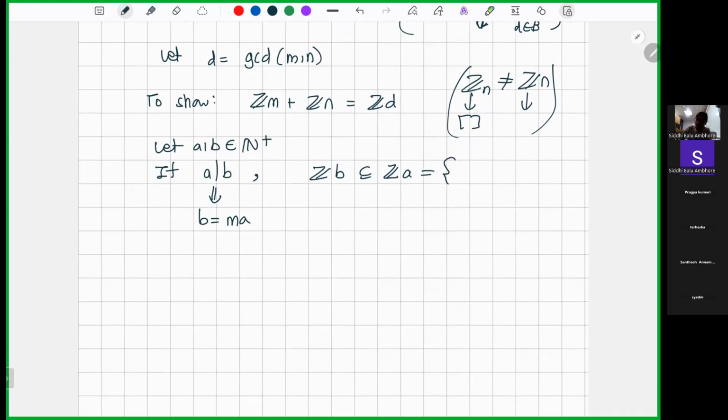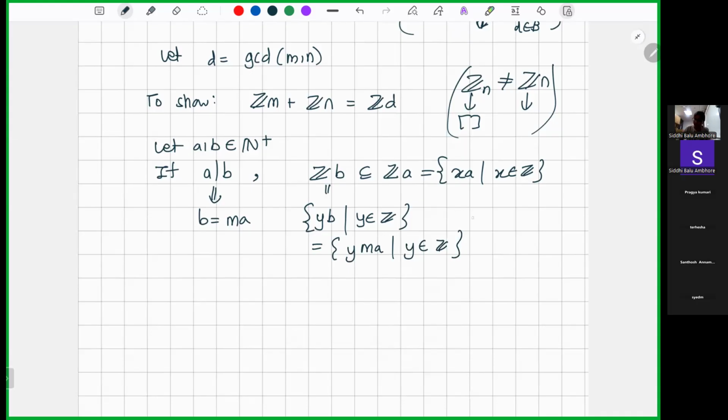And Za is the set of all xa such that x belongs to Z. And Zb is the set of all yb such that y belongs to Z. But we already know that b is of the form ma, so this becomes y m into a such that y belongs to Z. So it is a collection of some multiples of a.